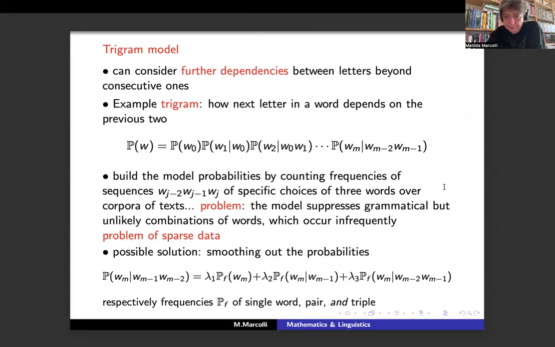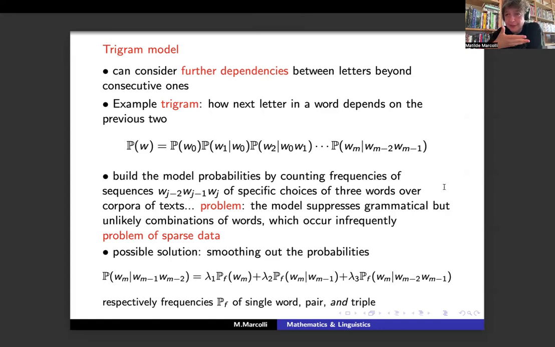And of course, it's immediately obvious that there's a problem with this idea, namely, that you can have perfectly grammatical combinations that are just unlikely to occur frequently, but are perfectly viable from the grammatical perspective, and this would be suppressed in a probabilistic model.